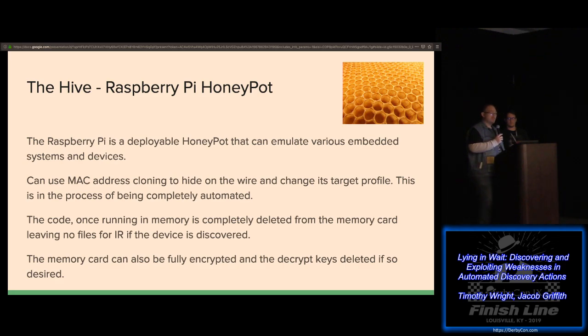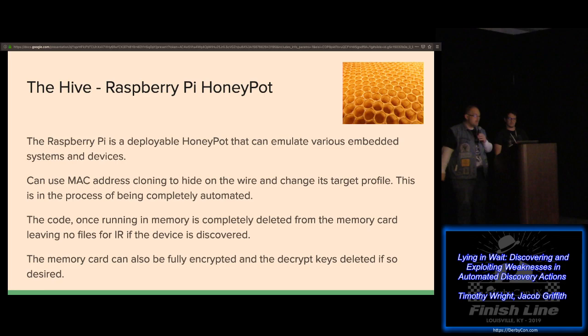We also had it set up so that when the code started running on the Pi, everything is in memory. So if it did get sniped, there'd be very little to look at from an IR perspective on the card. Everything was disabled: the GPIO header, the USB interfaces that weren't needed. The Ethernet interface was allowed to stay enabled, but as long as it was running, we were good.